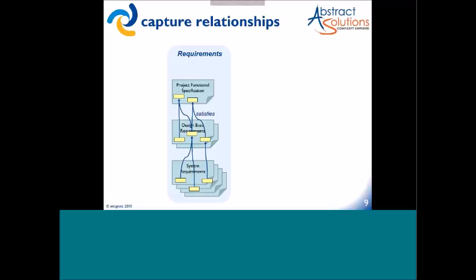Likewise, as we write our system requirements in this example, we are responding and satisfying the requirements from the layer above. So we can characterize that relationship as the satisfaction relationship or the satisfies relationship. And this is an example of requirements traceability, which lies at the heart of requirements management.